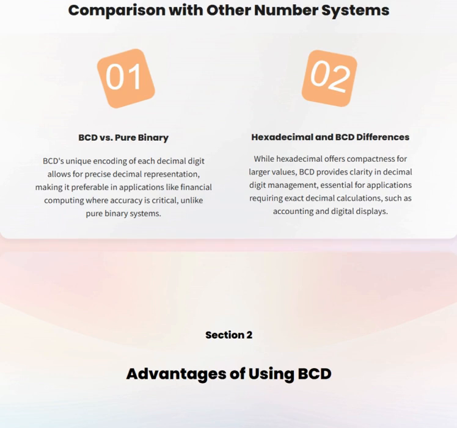While hexadecimal offers compactness for larger values, BCD provides extreme clarity in decimal digit management, which is essential for applications that require exact decimal calculations, such as accounting and digital displays.